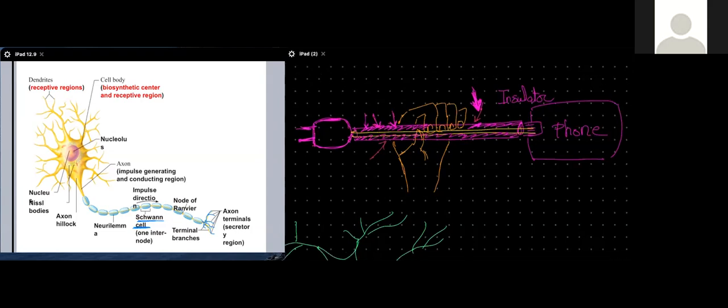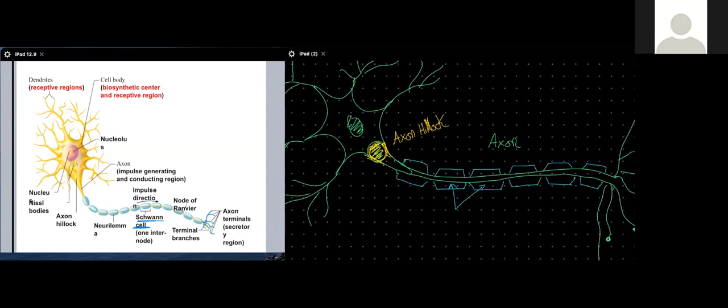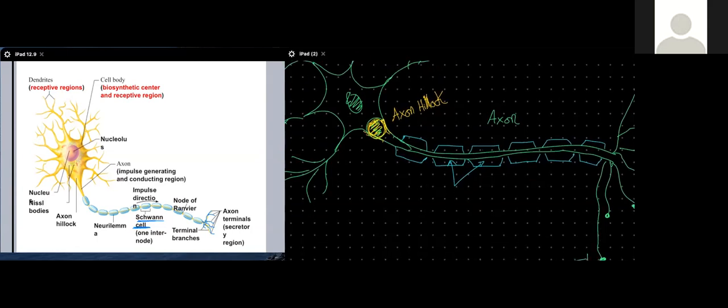But if we're looking at the axon of the nerve cells, do I have a continuous covering of the axon of the nerve cells? What do you think?